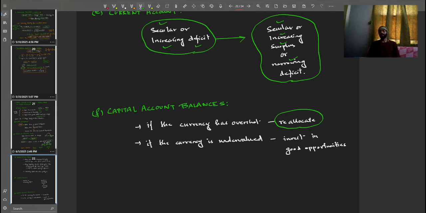On the contrary, if the analyst or the asset manager feels that the currency is undervalued, then combine that undervaluation with the valuation of the assets denominated in that currency, and then invest in good opportunities. That is combining the asset valuation and the currency undervaluation.